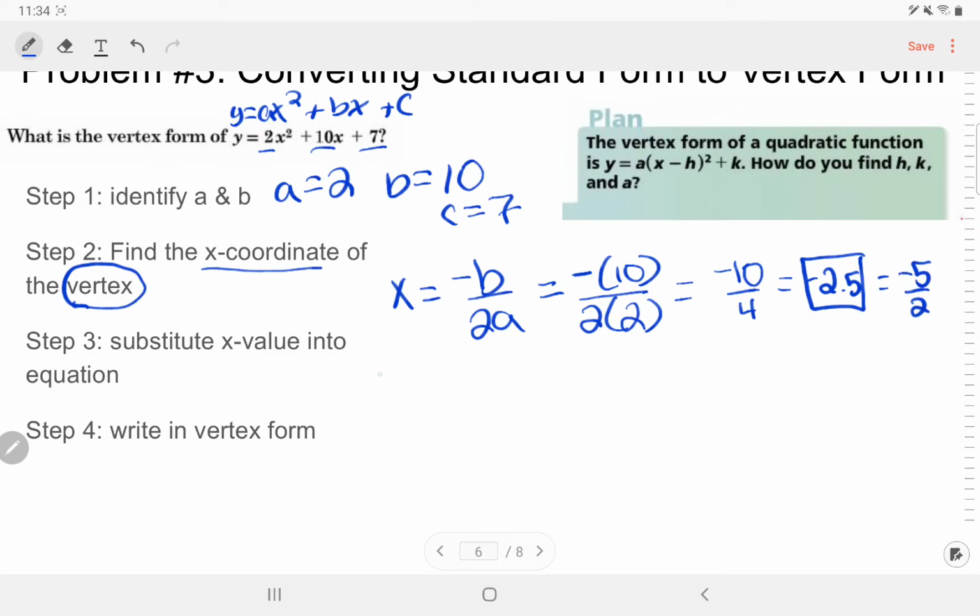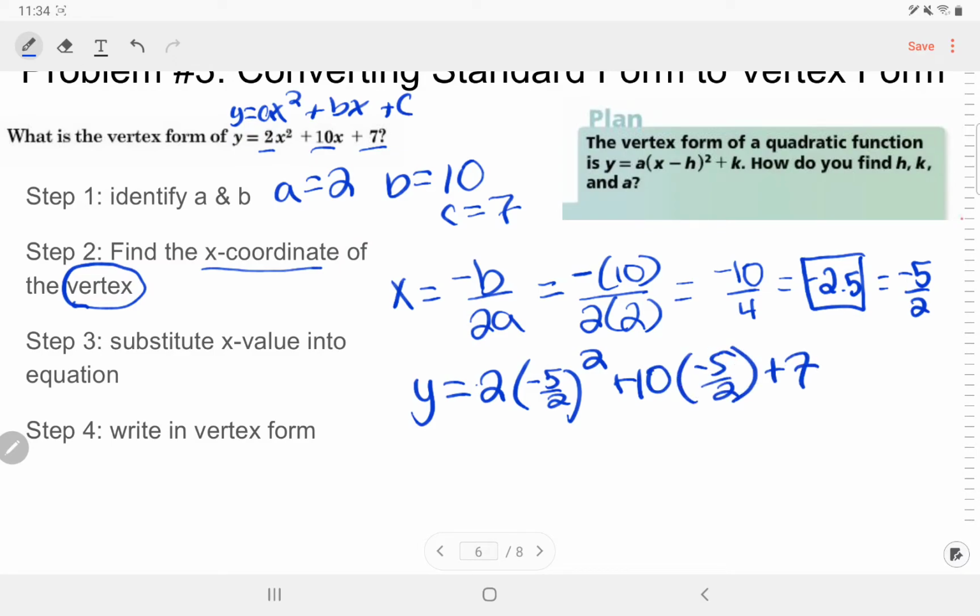So the next step will be to figure out what the y value is. So it's going to be 2, and then we have negative 5 over 2 squared plus 10 times negative 5 over 2 plus 7. So if you want to use your calculator, you can. We're using order of operations.